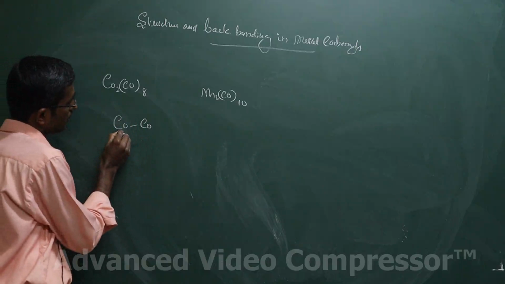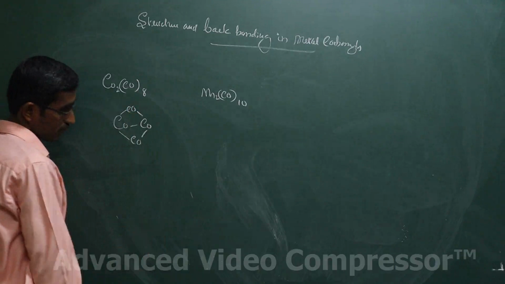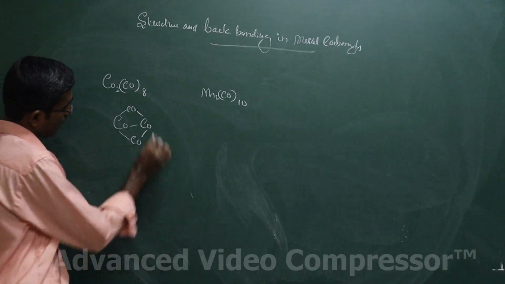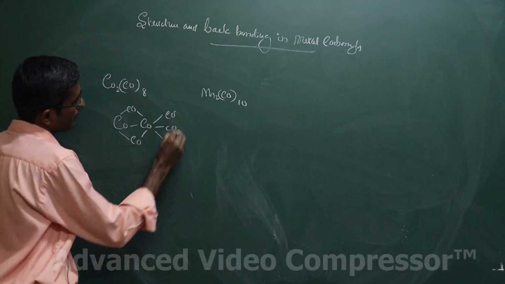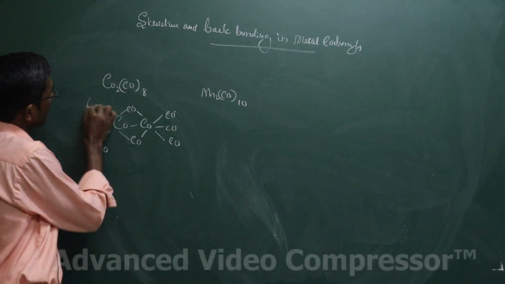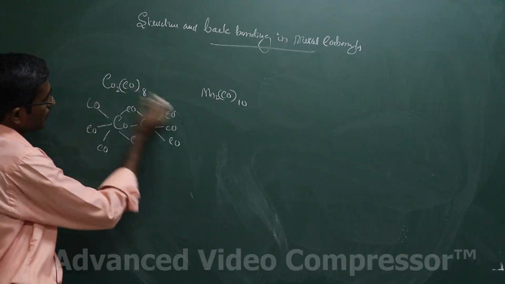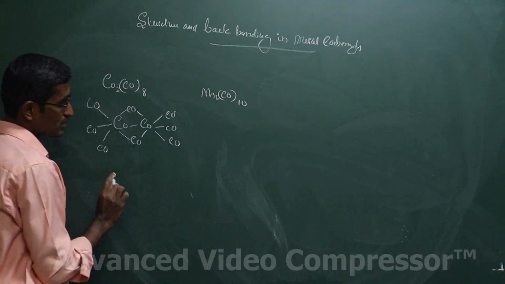And interestingly, 2 of the carbonyl ligands are bridging ligands, and the rest will be terminal, 3 in each case, because there are 8 ligands. So 3 will be terminal ligands for each cobalt and 1 will be a bridging ligand.